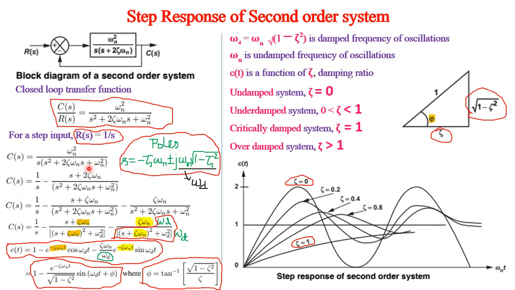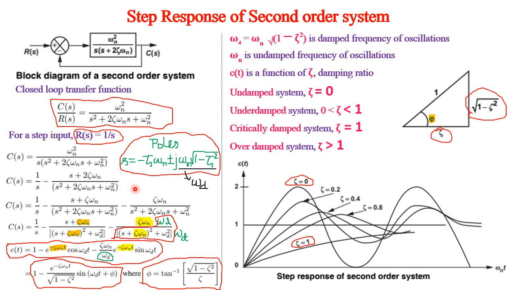And if we do the partial fraction of this C of s, we will get 1 by s minus s plus 2 zeta omega n by s square plus 2 zeta omega n s plus omega n square. That is the C of s expression if we do the partial fraction as a by s plus bs plus c divided by s square plus 2 zeta omega n s plus omega n square, then take the common LCM, then equate coefficients or put s equal to 0.